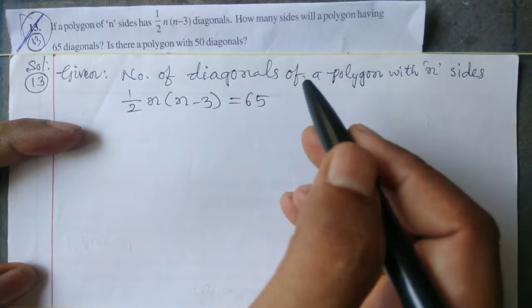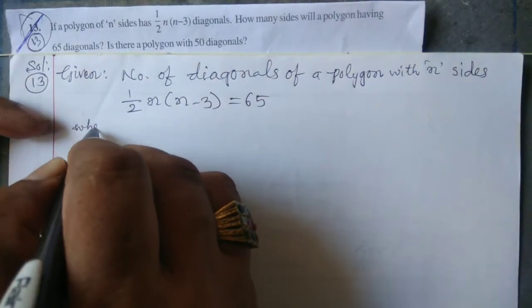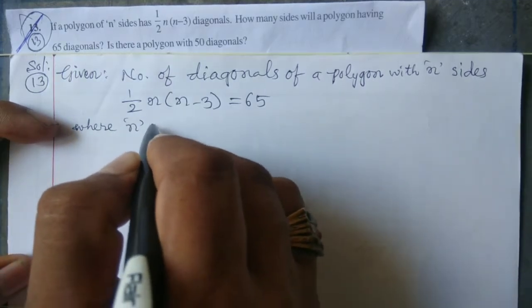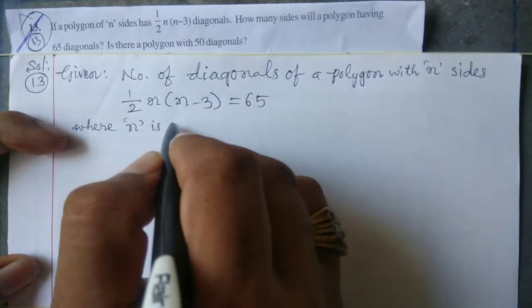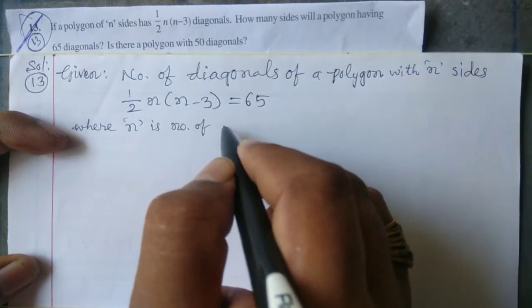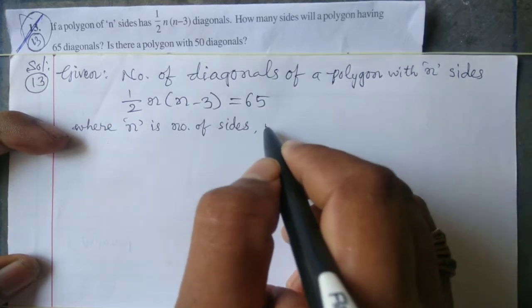This is given, where n is the number of sides. We have to find n.